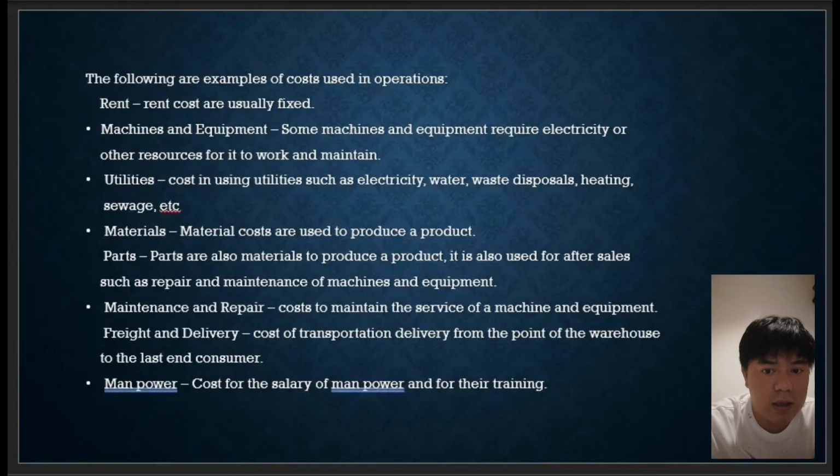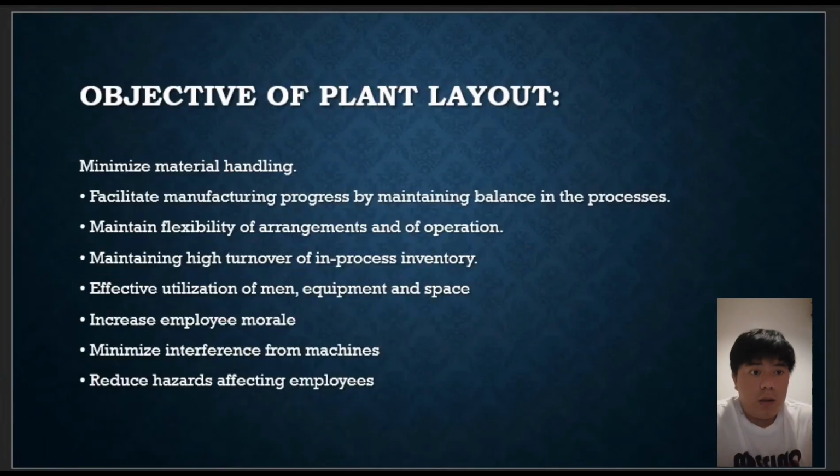And the next one is objectives of plant layout. So maximize materials handling. The first one is to facilitate the manufacturing process by maintaining balance in the processes.